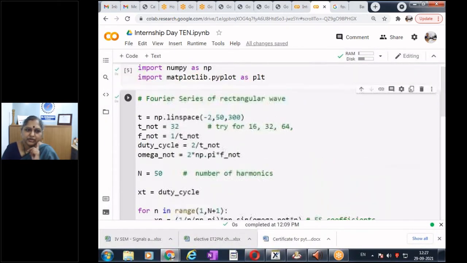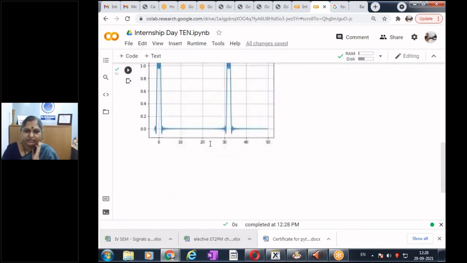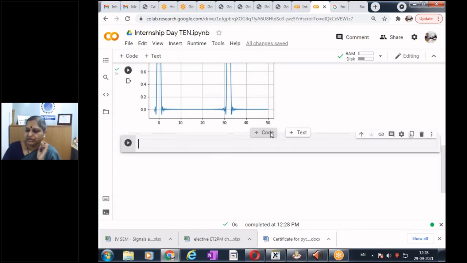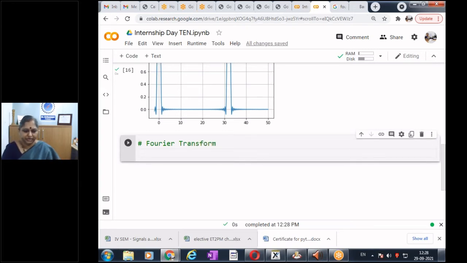Yes, so now going back, let's just run the cell once again. That was Fourier series of a rectangular function. Now let's do Fourier transform.